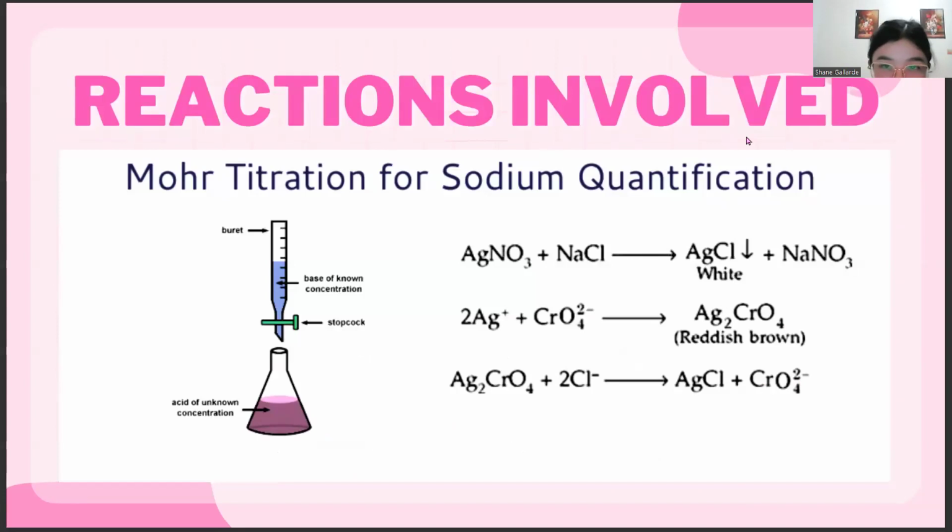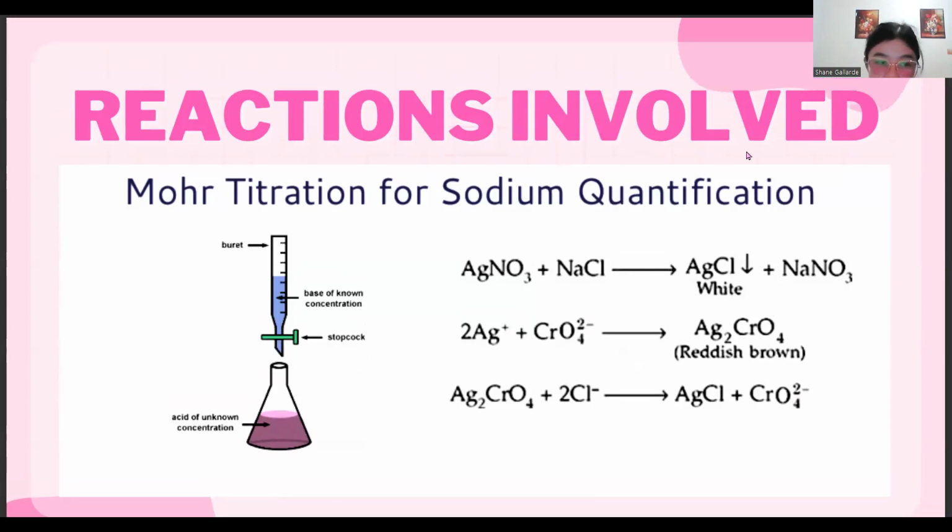So next, the reactions involved. The precipitation titration uses the formation of a precipitate, usually with a unique color, to indicate the endpoint of the titration. Here, we use the Mohr method, which aims to quantify the concentration of chloride ions in a given solution. These methods involve dispensing the solution of silver nitrate, which is our titrant, from the burette into the flask which contains the chloride ions, which is our analyte that we want to analyze.